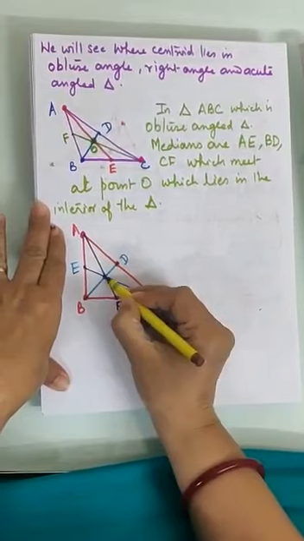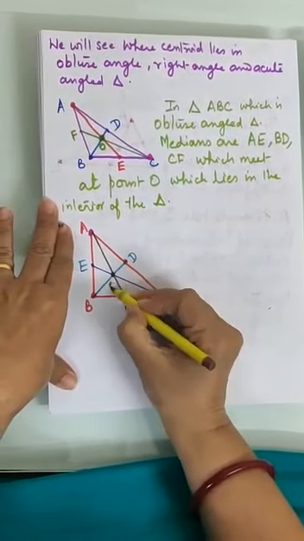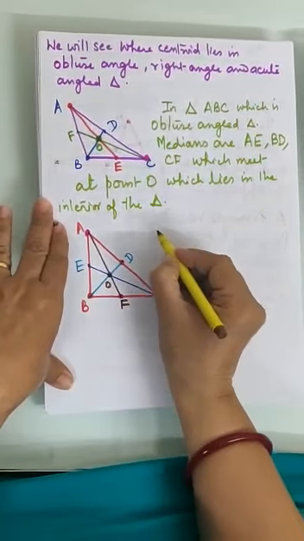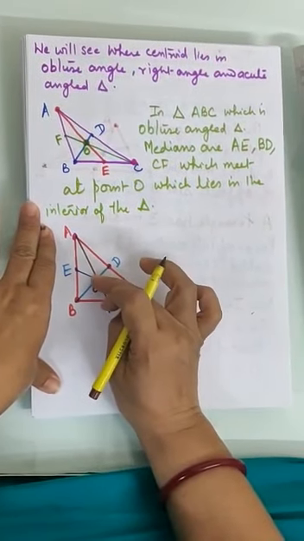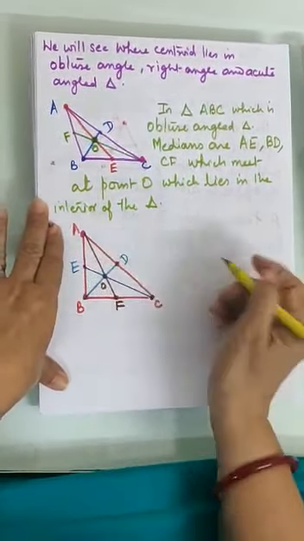So all the three medians intersect at point O. So what do we observe in this? The centroid lies in the interior of the triangle ABC.